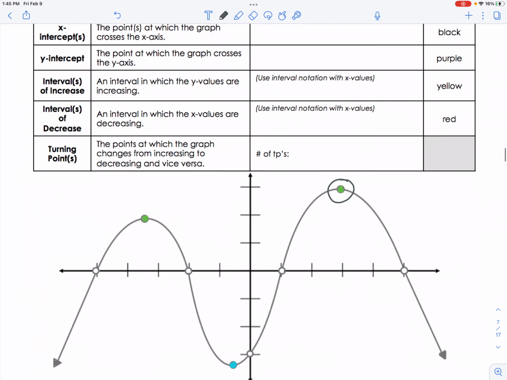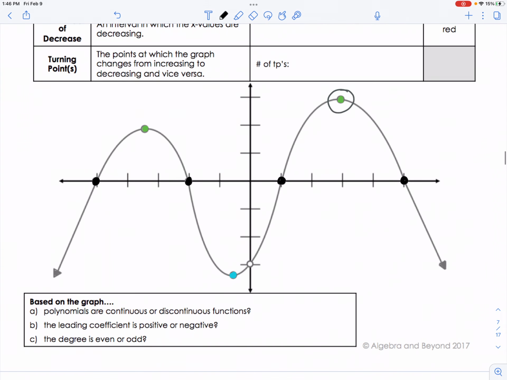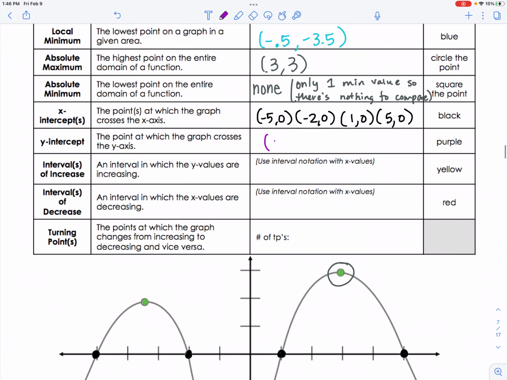These are at (-5, 0), (-2, 0), (1, 0), and (5, 0). My y-intercept, the point at which the graph crosses the y-axis, we're going to do in purple. So that's right here at (0, -3).